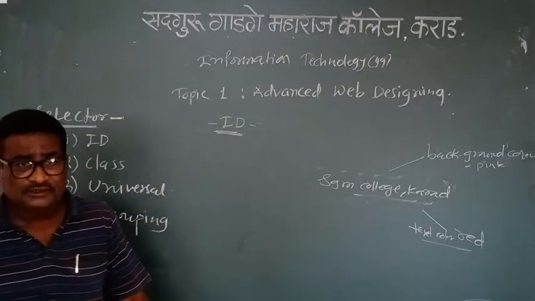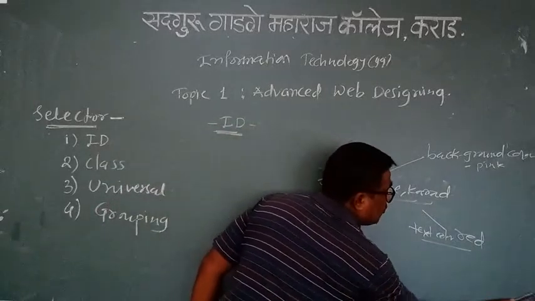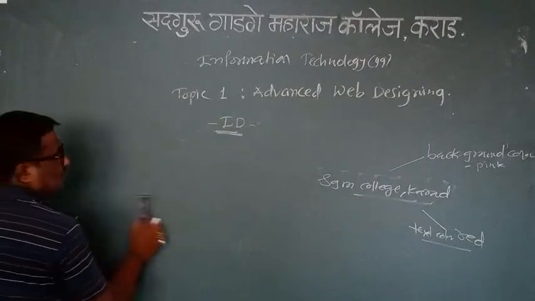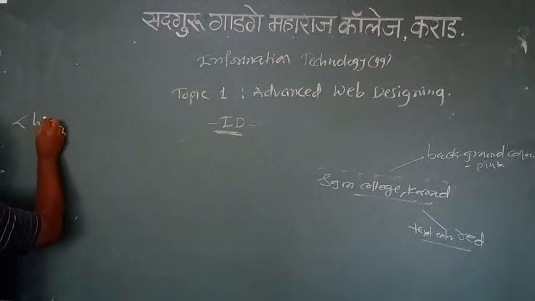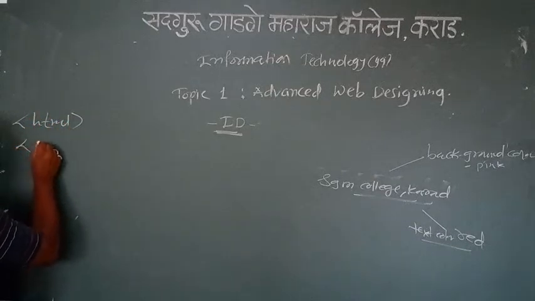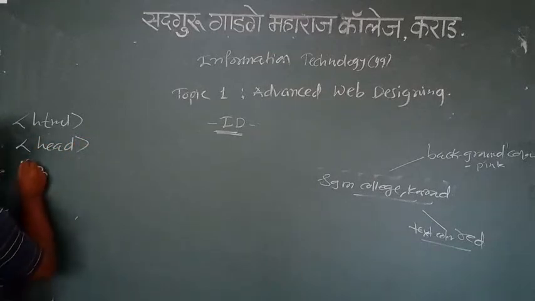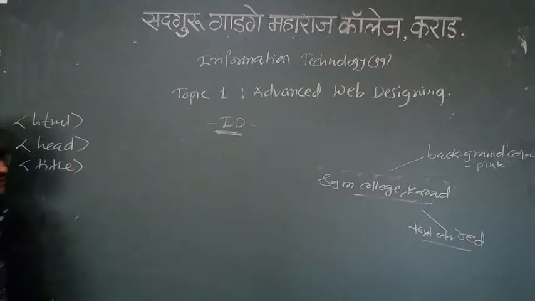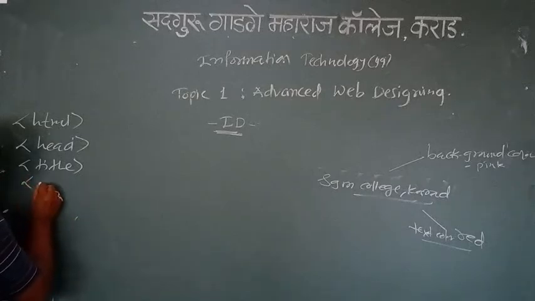For that purpose, what we have to do, first understand the program, then how to write the program for the ID. Here we have to know the format of the HTML program: HTML, head, title. And in the head tag we have to use the style tag.